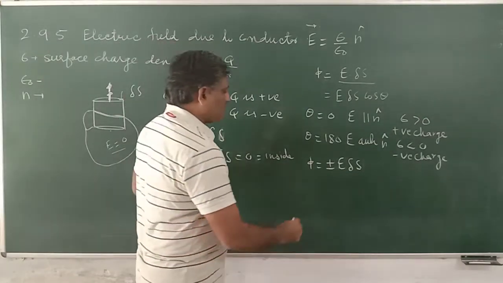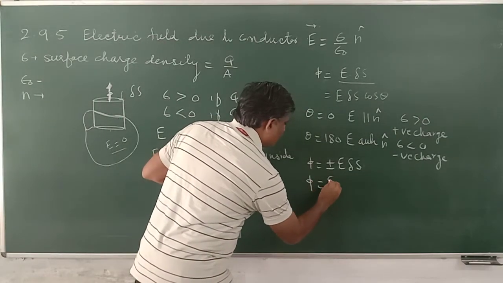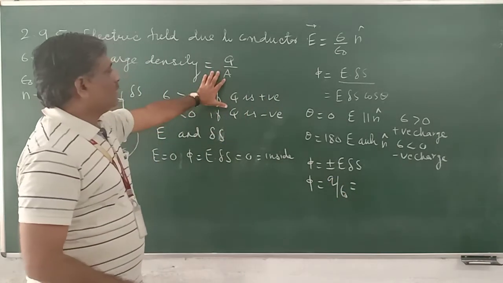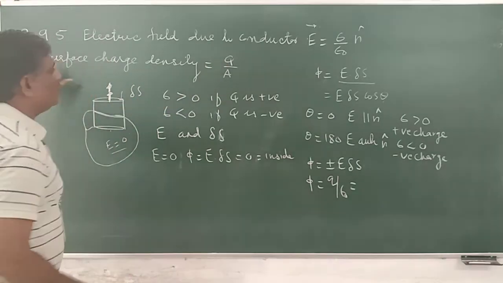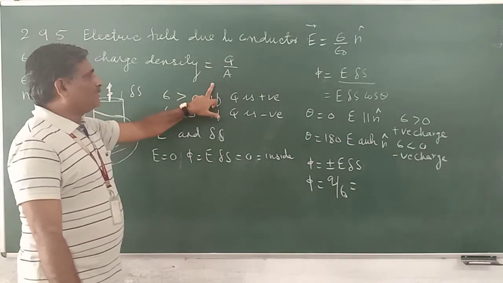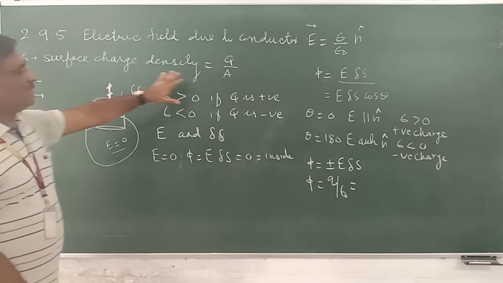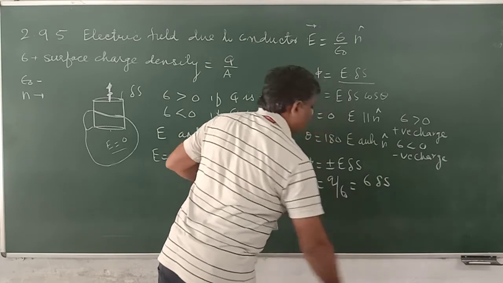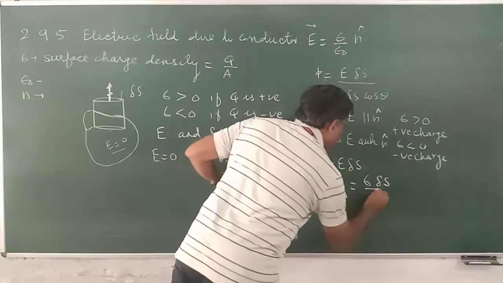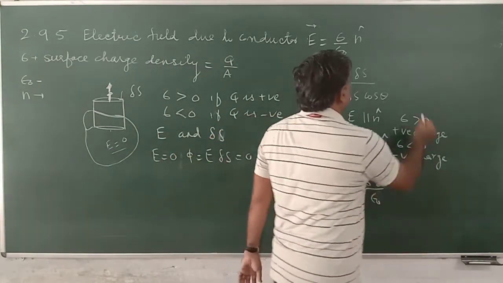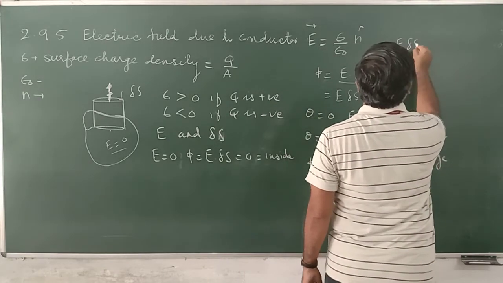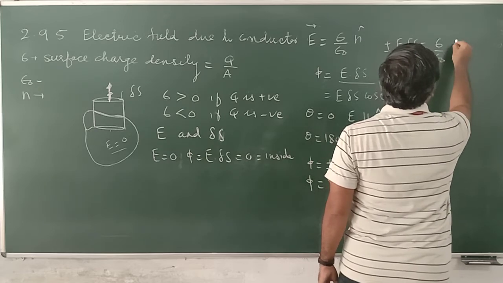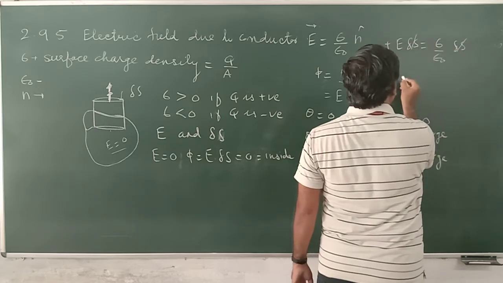According to Gauss's theorem, phi is equal to Q divided by epsilon 0. Here Q is nothing but sigma into A, surface charge density into area. That becomes sigma delta S divided by epsilon 0. We equate both of them: E delta S equals plus or minus sigma delta S divided by epsilon 0. Delta S gets cancelled.